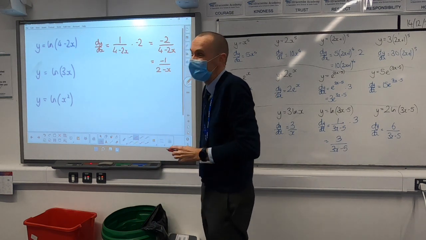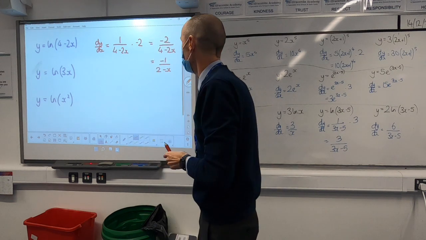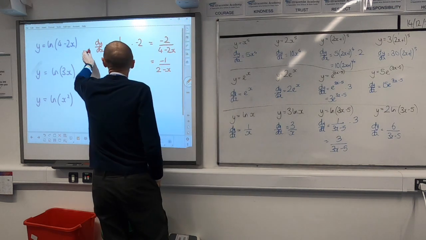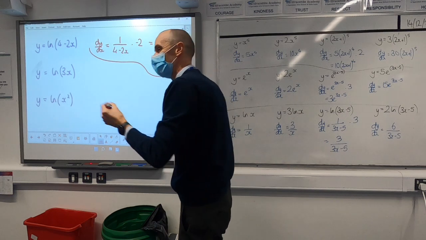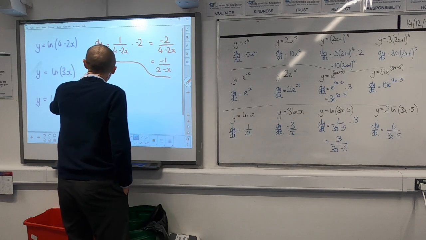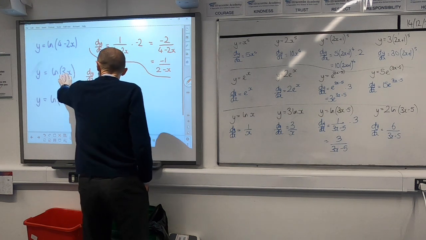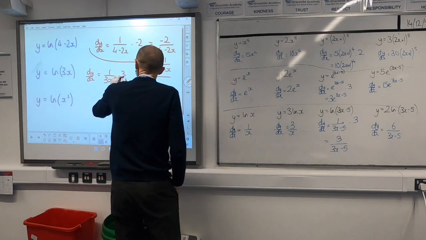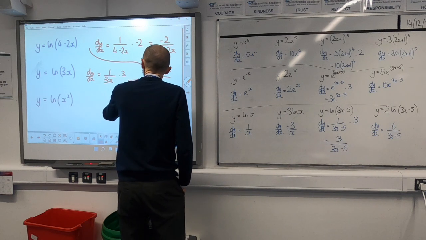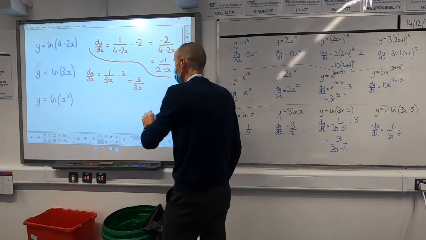Now, if you didn't notice that, it's not hugely critical, but you can take it as far as that. And you get a similar bit of cancelling with the second one, because you get 1 over 3x multiplied by what you get when you differentiate the bracket, which is 3, which gives you 3 over 3x, and you can divide those two by 3.